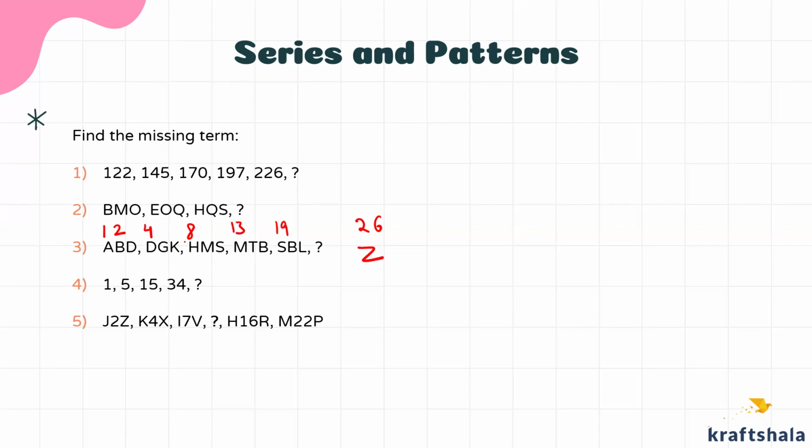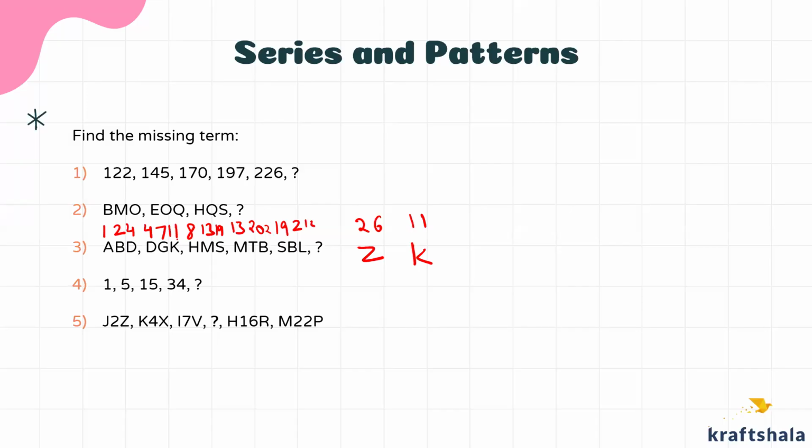So G is 7, M is 13, T is 20, B is 2. So plus 5, plus 6, plus 7, plus 8. So plus 9. So 9 plus 2 is 11 and 11th letter is K. Last one is 4. K is 11, S is 19, B is 2, J, K, L. L is 12.